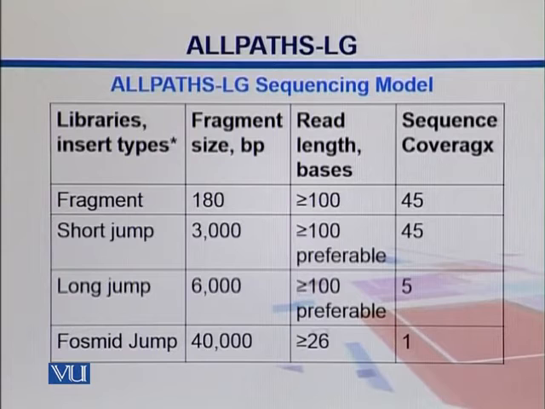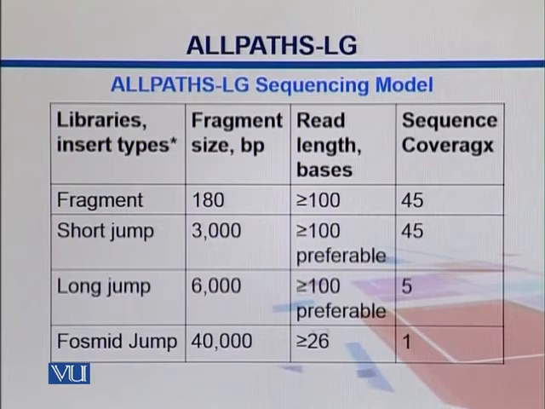If we have short jumps, where the insert size is small, the reads are obviously 100 base pairs if you are using Illumina. Again, we might want a good coverage for that, so that is 45x. For long jumps, or long insert sizes, the fragment size may be up to 6,000 base pairs.